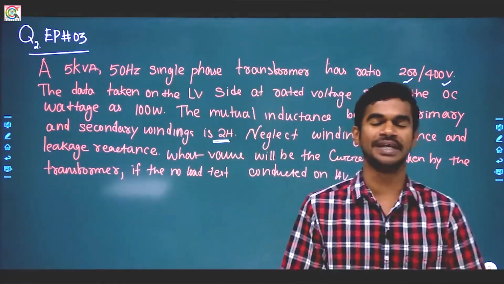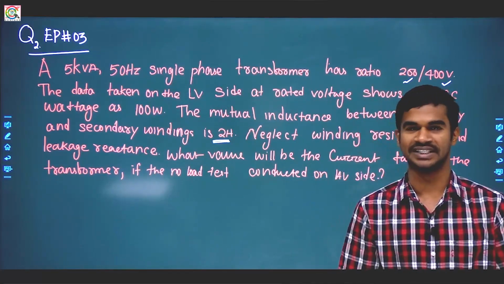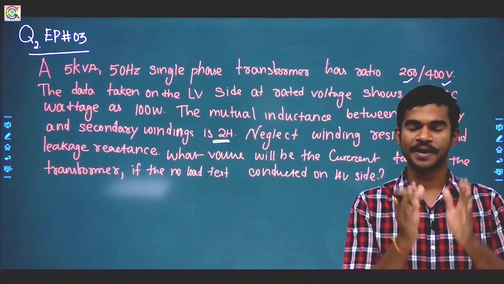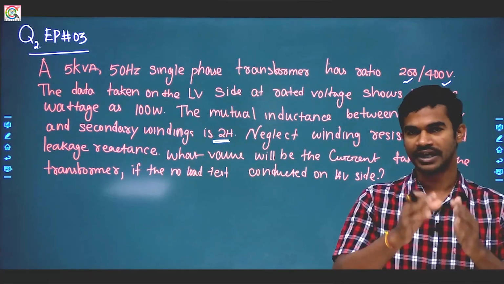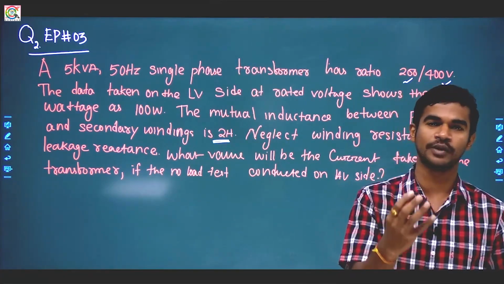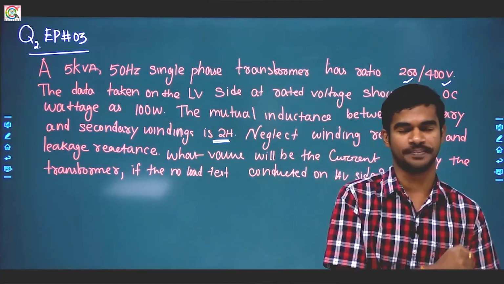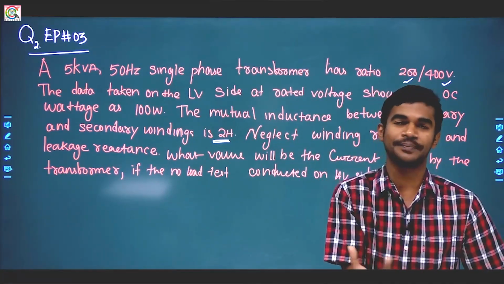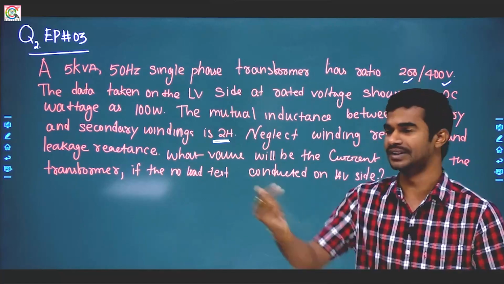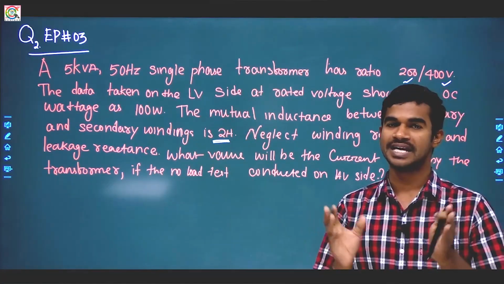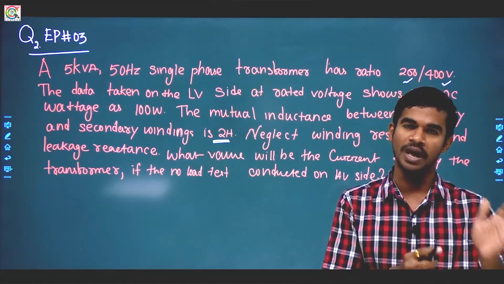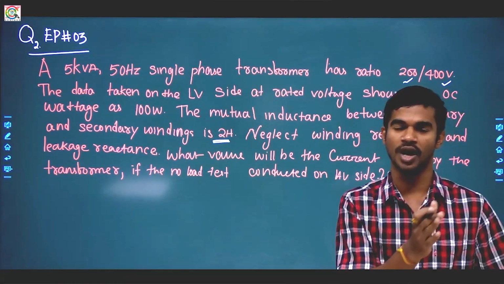First of all, after reading this question, definitely the thought must be coming to your mind: which topic, which concept is involved in this question? Here you have to purely apply the equivalent circuit of the transformer.